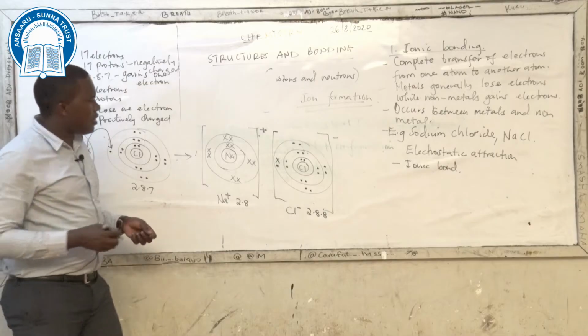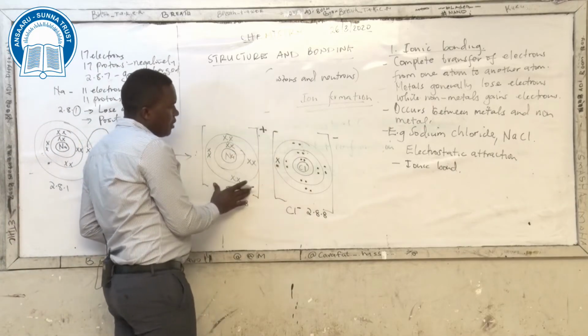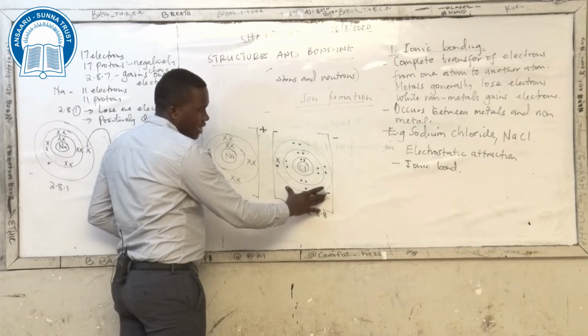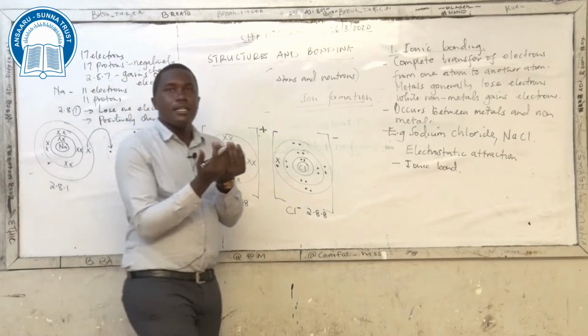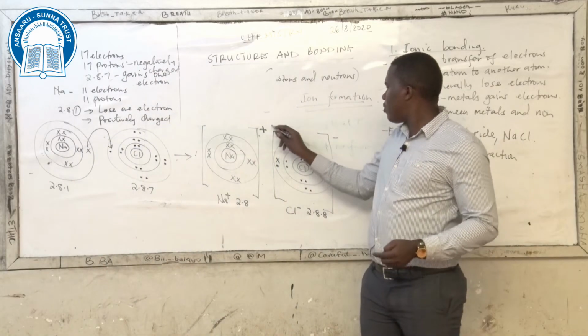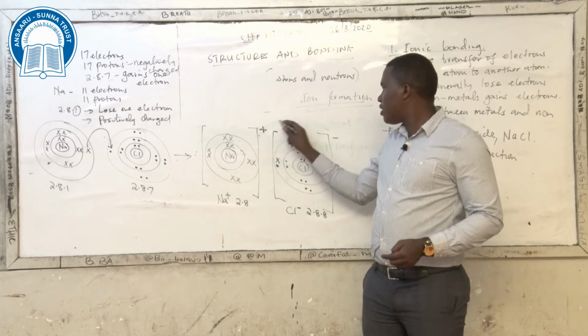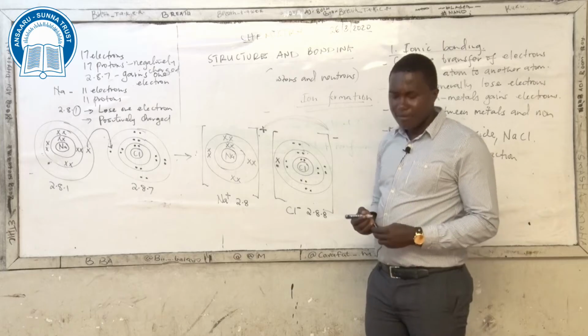Now the ionic bond comes because of attraction between this positively charged sodium ion and this negatively charged chloride ion. So these 2 ions will attract each other, and this mutual attraction is what will bring the ionic bond.